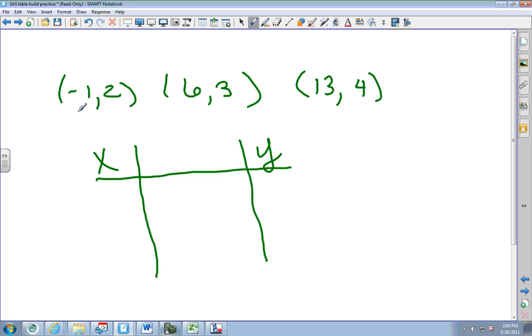Remember, the x numbers are these first ones right here. So I put in there -1, 6, and 13. Then you can put in all your y's: 2, 3, and 4. Now you can go through and do delta y divided by delta x, and find your equation for this.